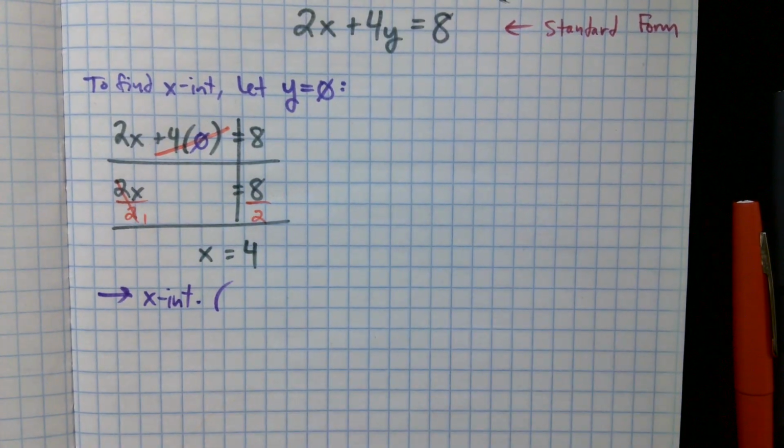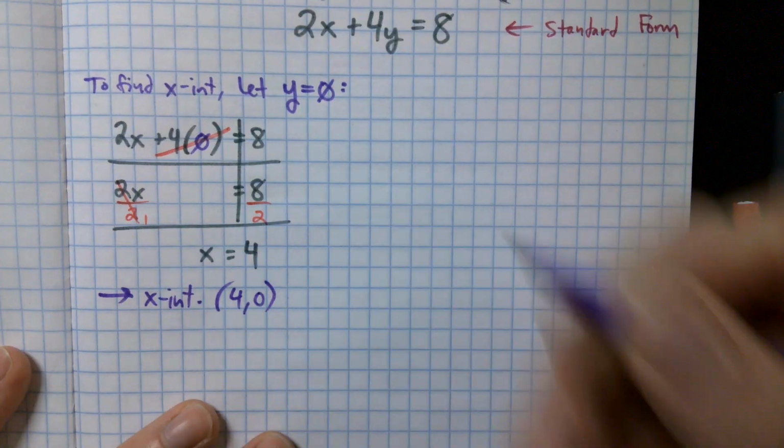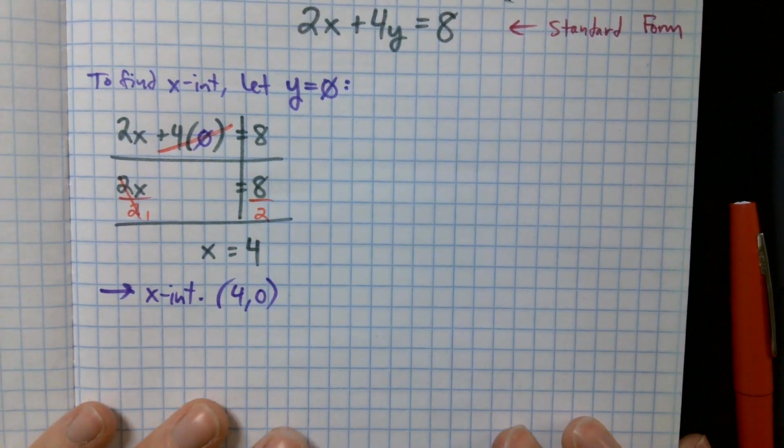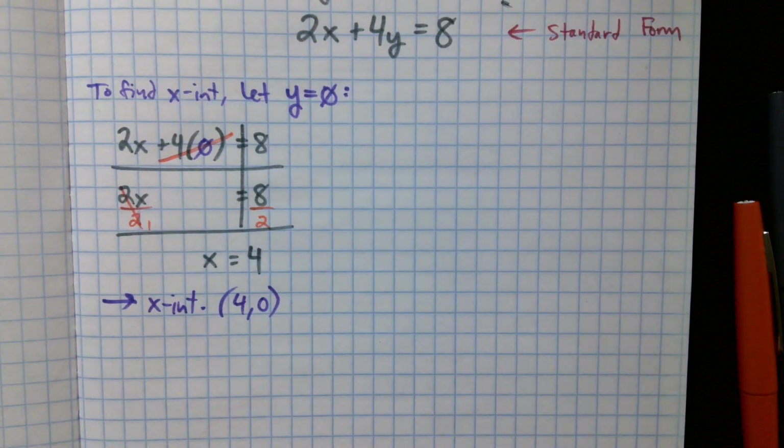What are my coordinates going to be for that point? 4, 0. Right? If I find x equals 4, I know that my x-intercept is at 4 on the x-axis. Sound good? Yes. Yeah?